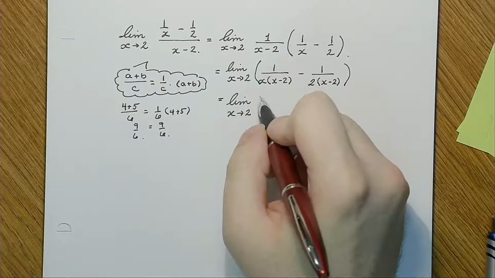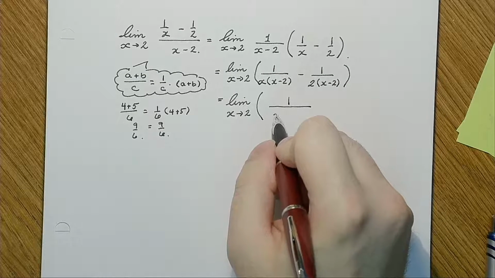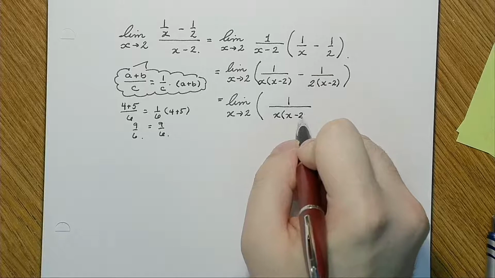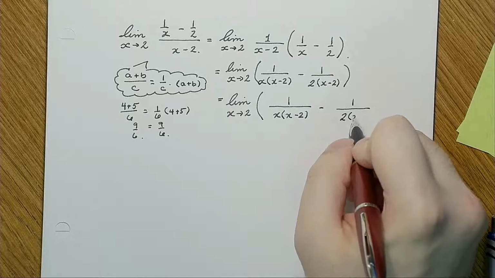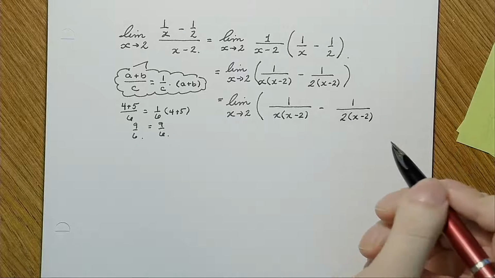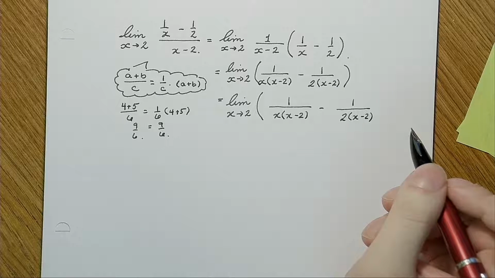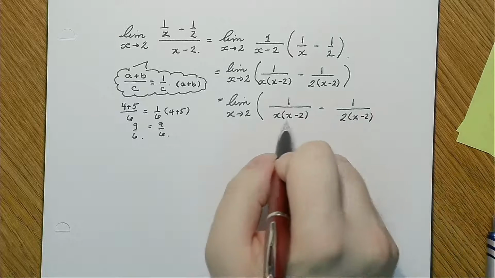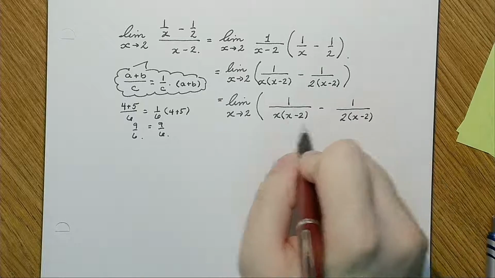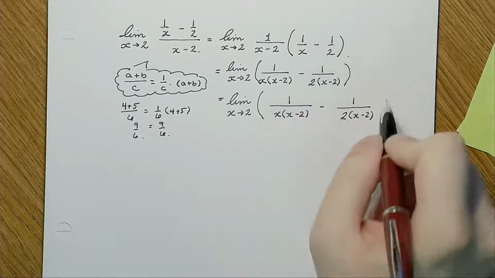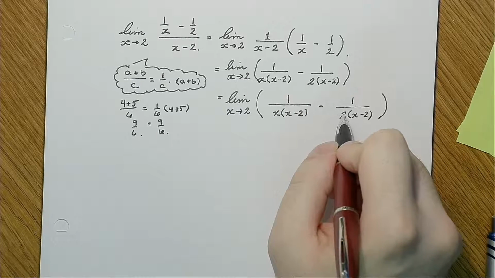Okay. So now what I'm going to do is find a common denominator, meaning that this has to match this one. I have x times x minus 2, and I have an x minus 2 on both of these, so that's good. So I won't do anything with that, but I have a 2 over here.